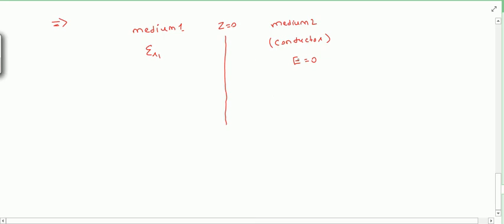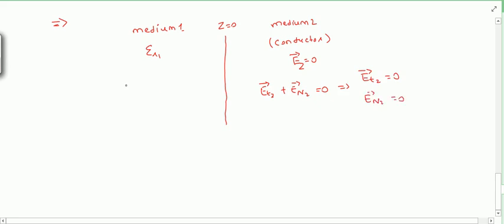So this is in the medium 2, so I will write this as E2 is equals to 0. Now this is having two components, that is Et2 plus En2. They are 0. And you can individually say that Et2 is equals to 0 and En2 is also 0.